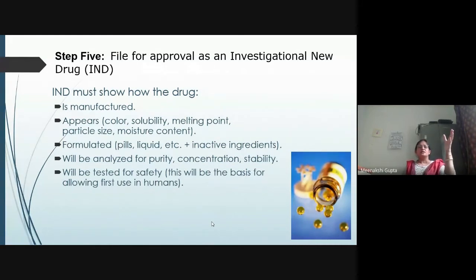So while filing the IND, various kinds of information are needed. Pre-formulation studies are one of the data required for filing the IND application. So tell me whether this much is clear to all of you.